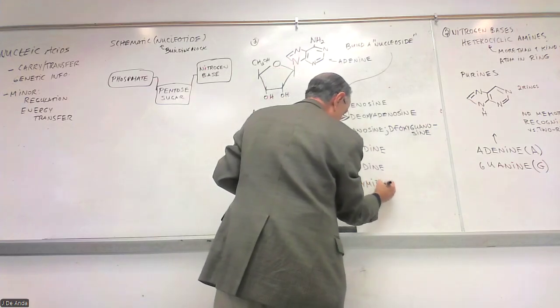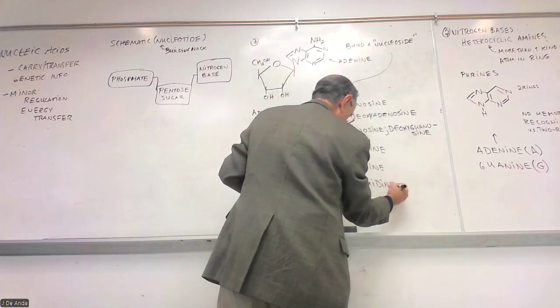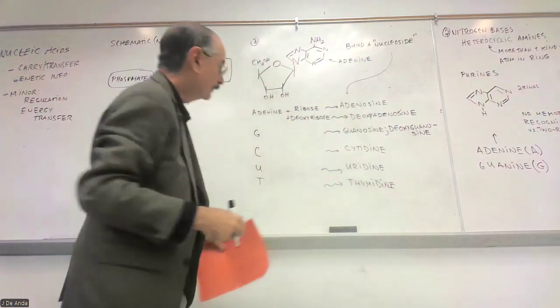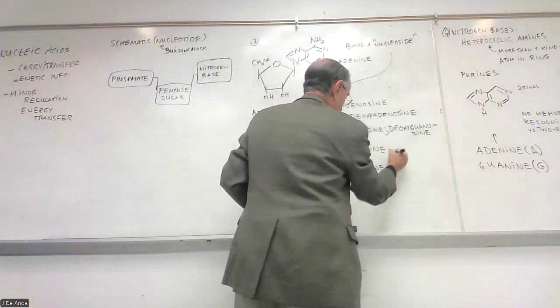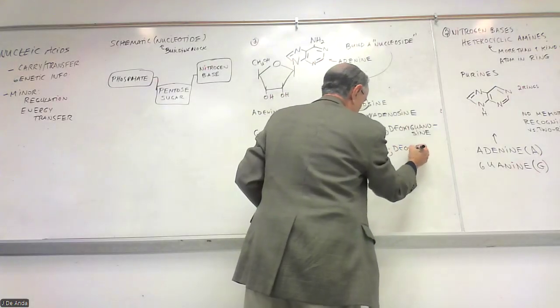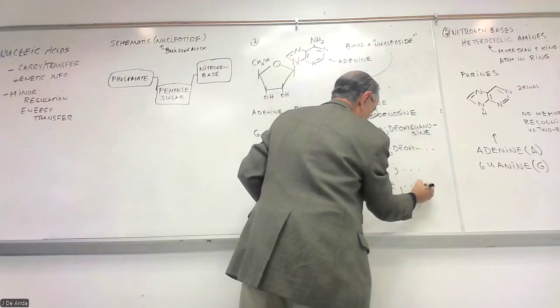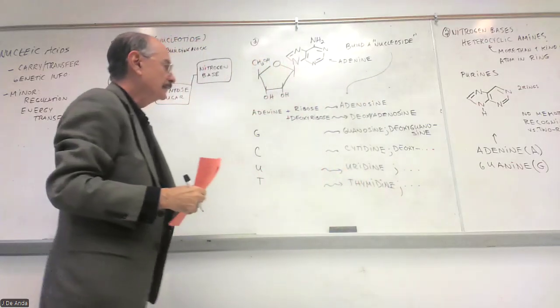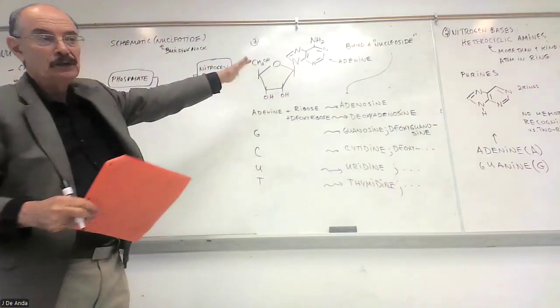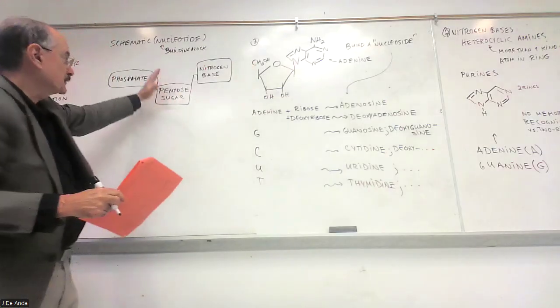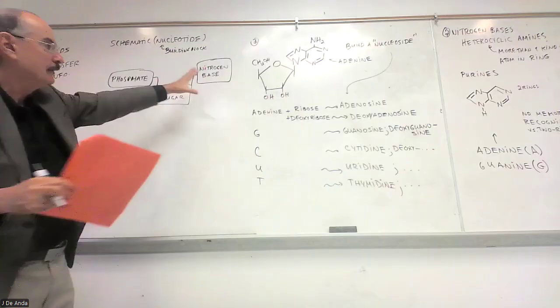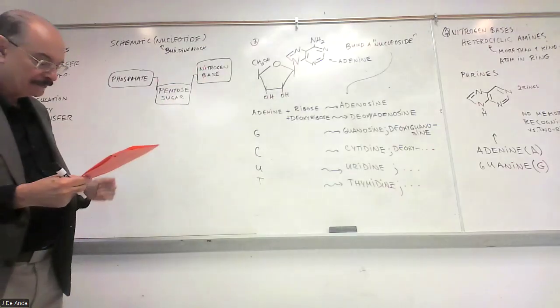This is why I made a mistake before, I got ahead of myself. Thymidine. And of course, they have their deoxy versions. Just put deoxy. Okay, so that's what we call a nucleoside. So this is where it starts. This is only like two-thirds of the building block. That's how you get them.